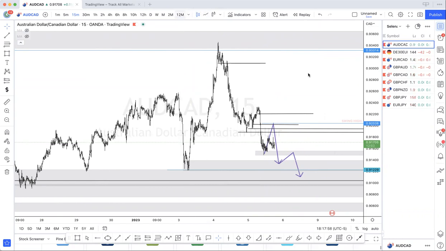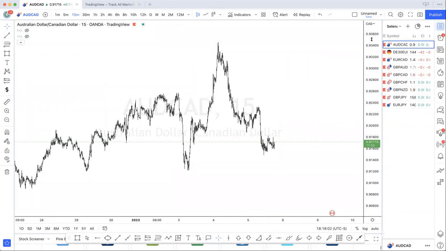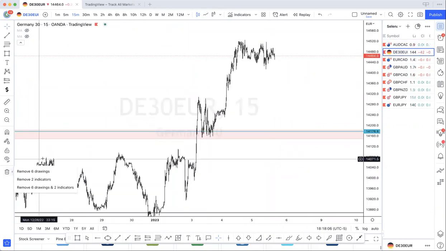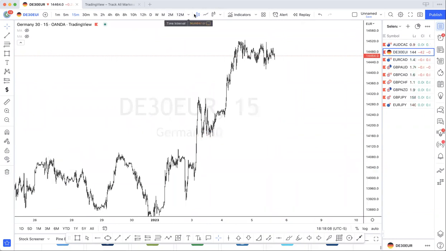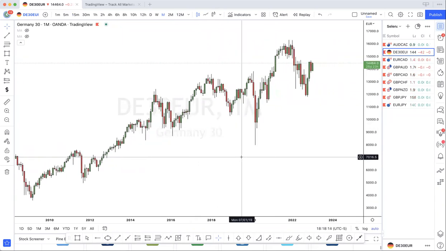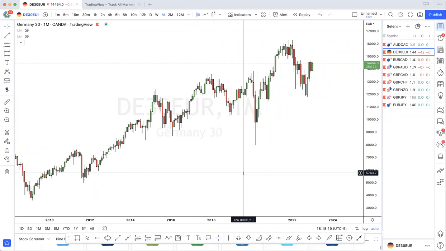All right, so that was AUD. Our other pair for this week, I'm going to go to the monthly. What's our overall market structure? Bullish.